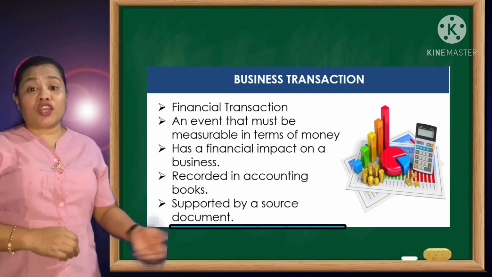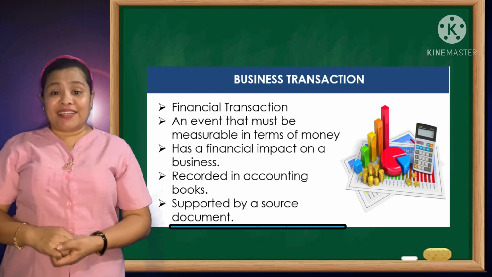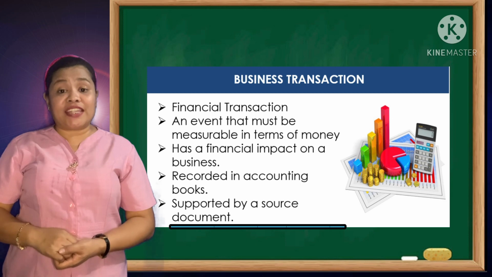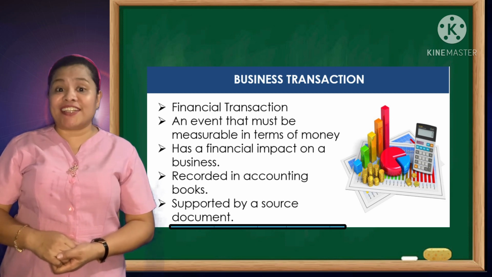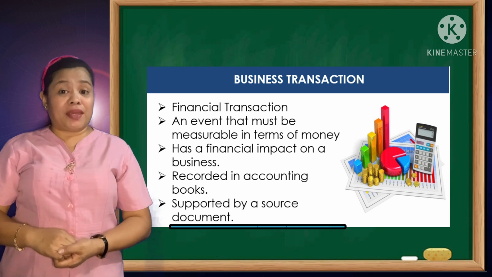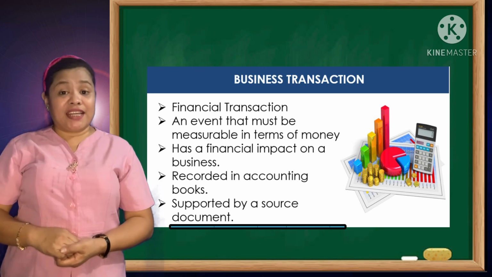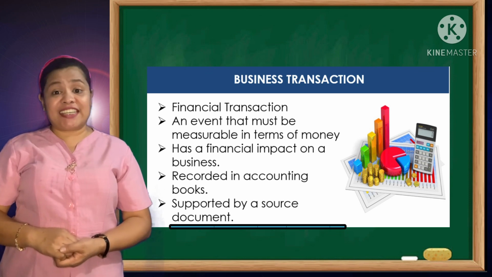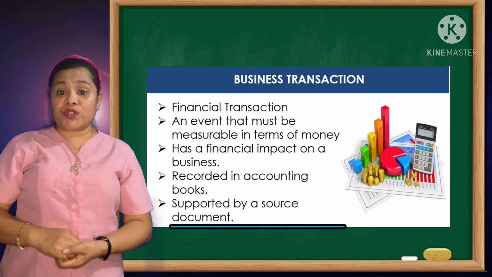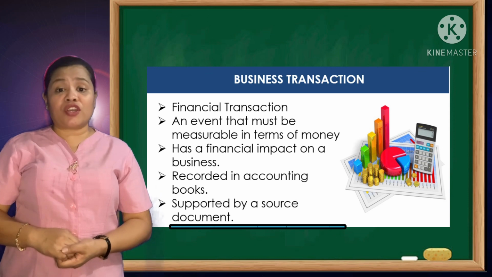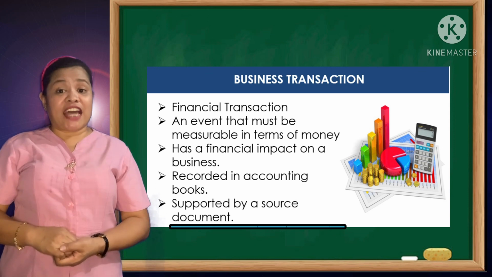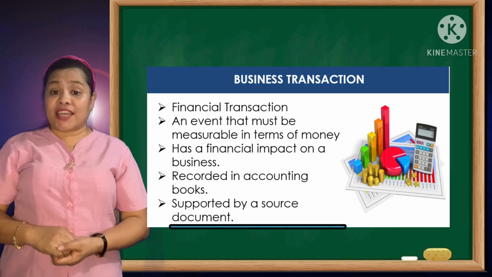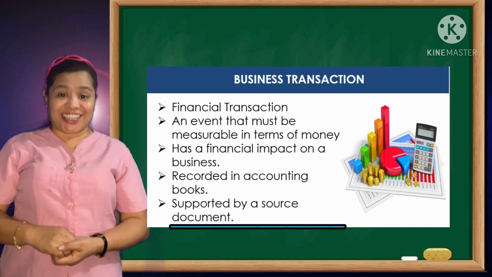A source document is a document that contains all of the necessary details to report the transaction in the journal. Typical source document examples include sales invoices, purchase invoices, cash receipts, payment vouchers, and any other document containing the basic transaction details that can be presented as proof of valid transaction.